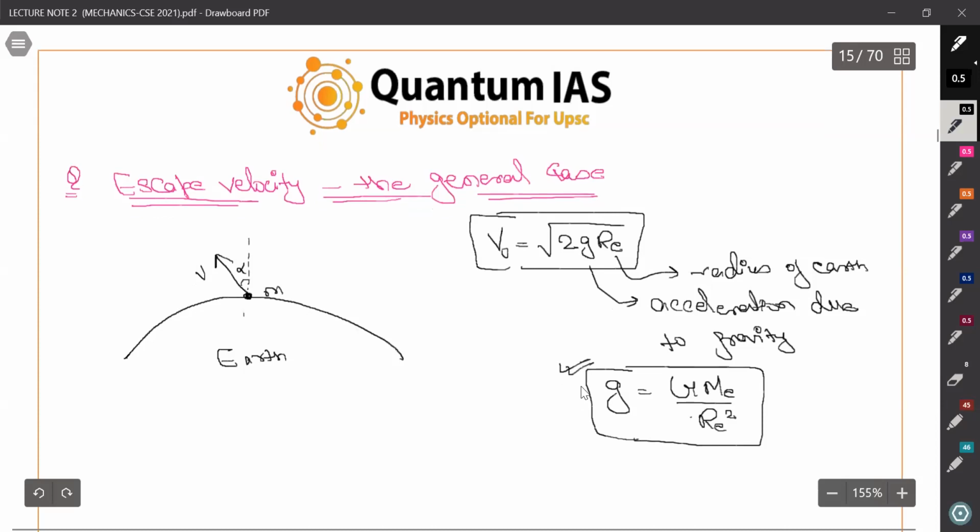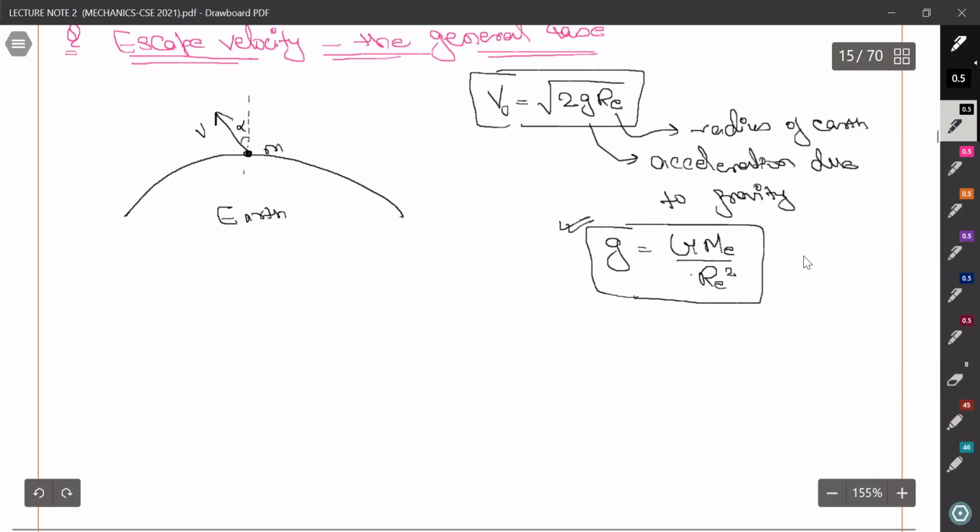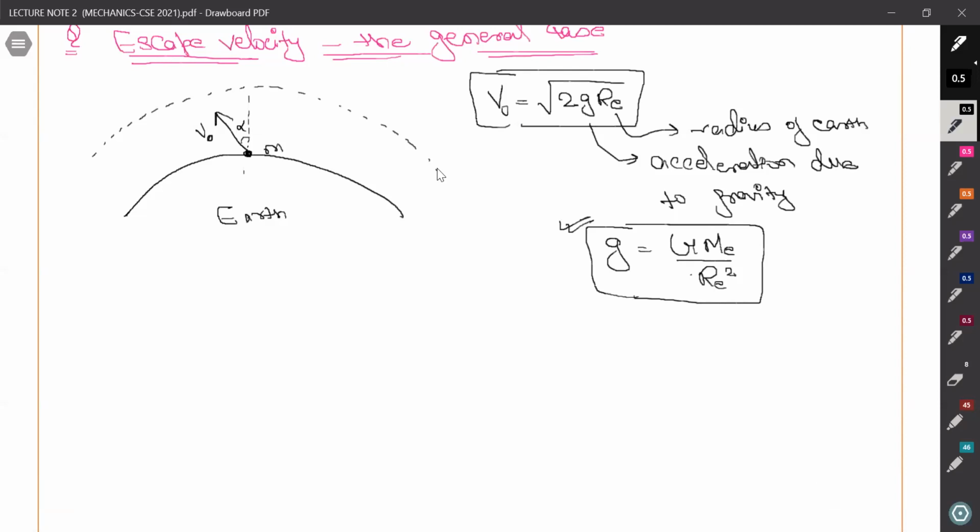We also know that generally g is taken as 9.8 meter per second square. So we need to find out v naught: with what speed we should throw it so that it crosses the gravitational force of attraction and leaves the earth's gravitational field.